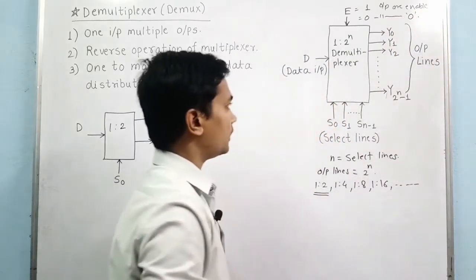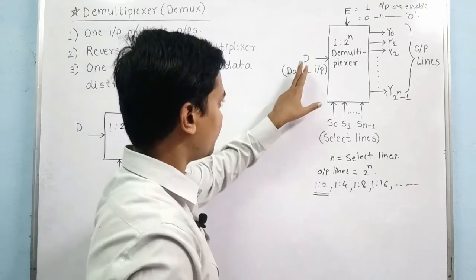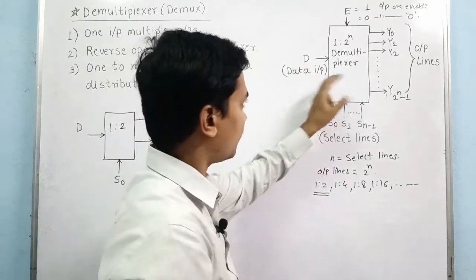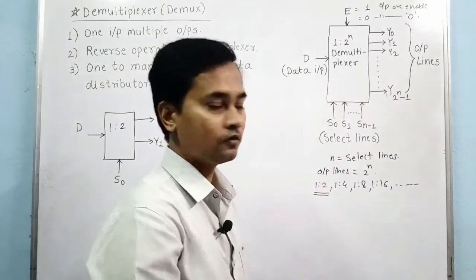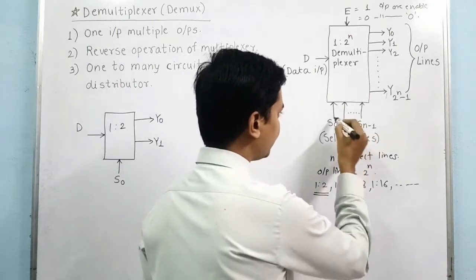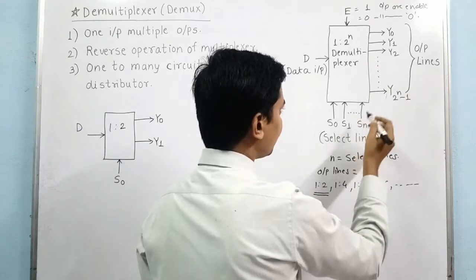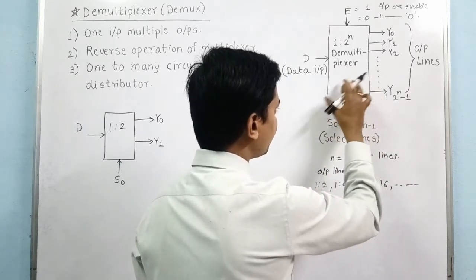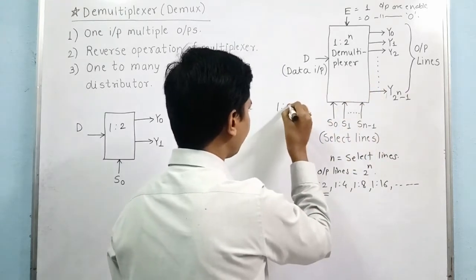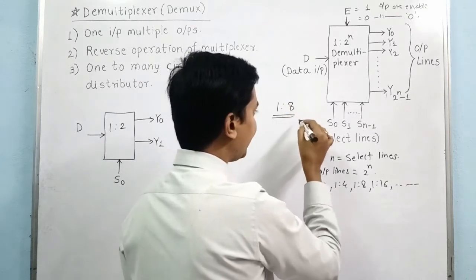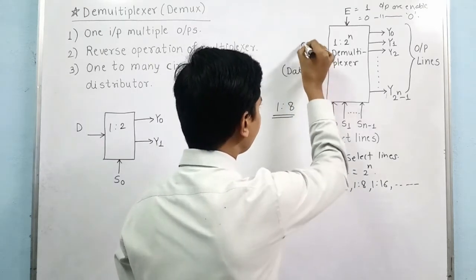Even if you want to send logic 1 on the y2 line, what will you do? Suppose you have a 1:8 demultiplexer and you want to send logic 1 on y2.